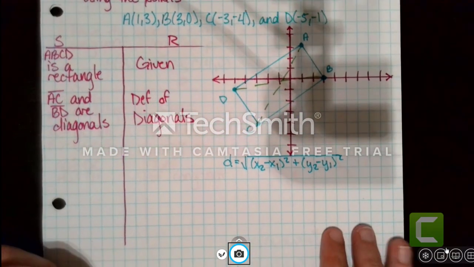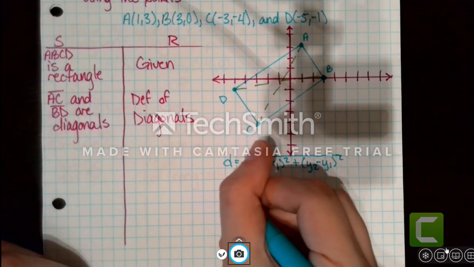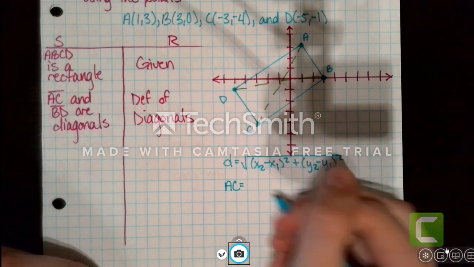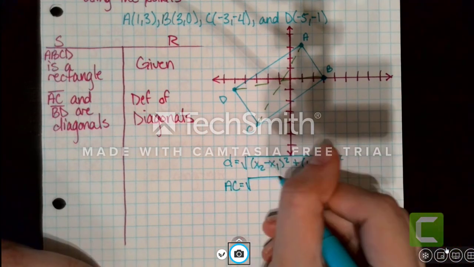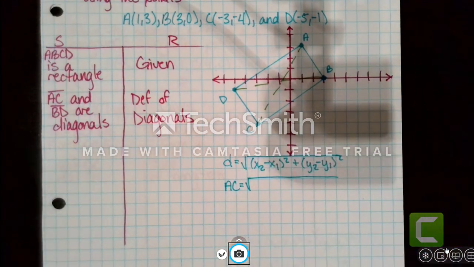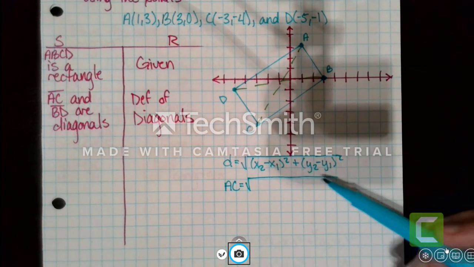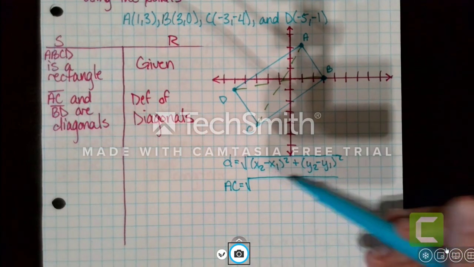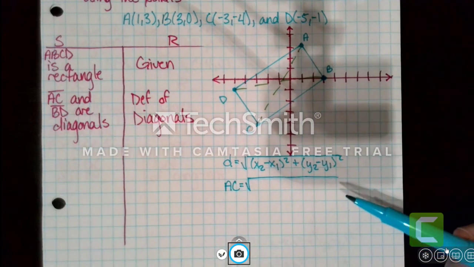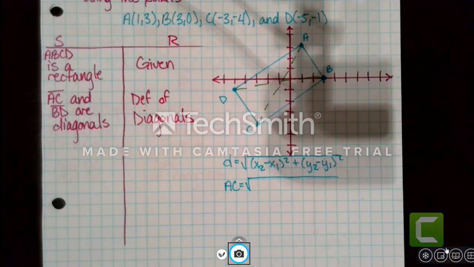To start, we're going to be using AC. So the distance of AC is equal to the square root of x2 minus x1 squared plus y2 minus y1 squared. So let's use C as our x2.